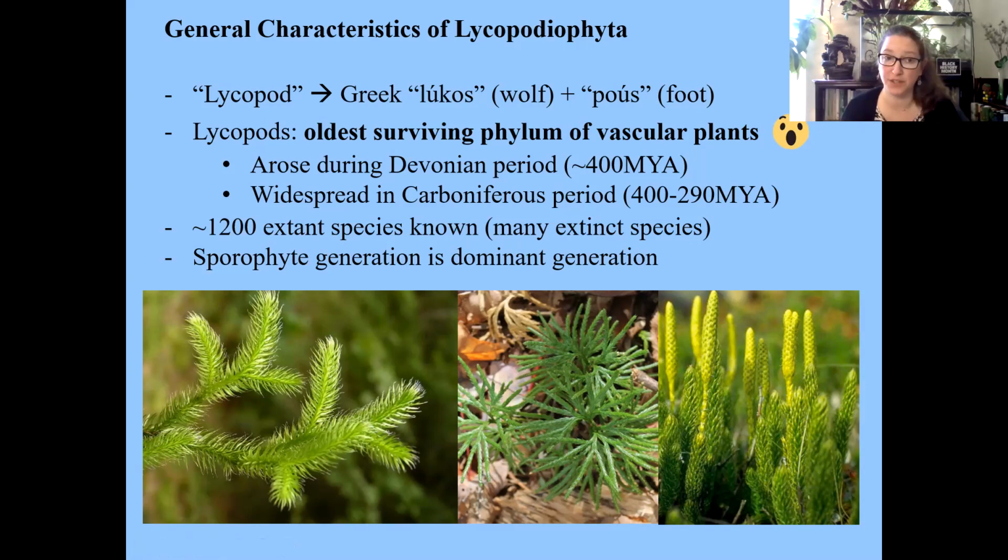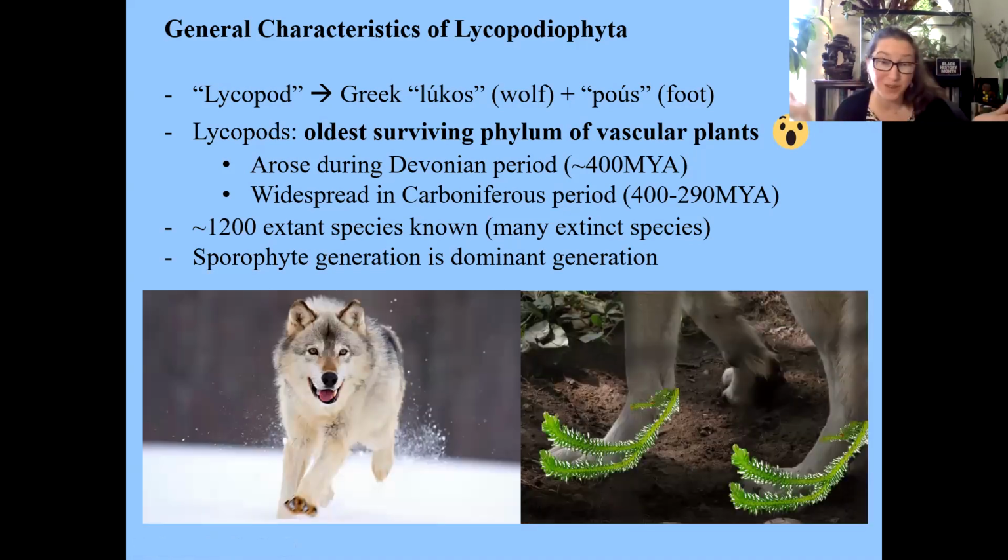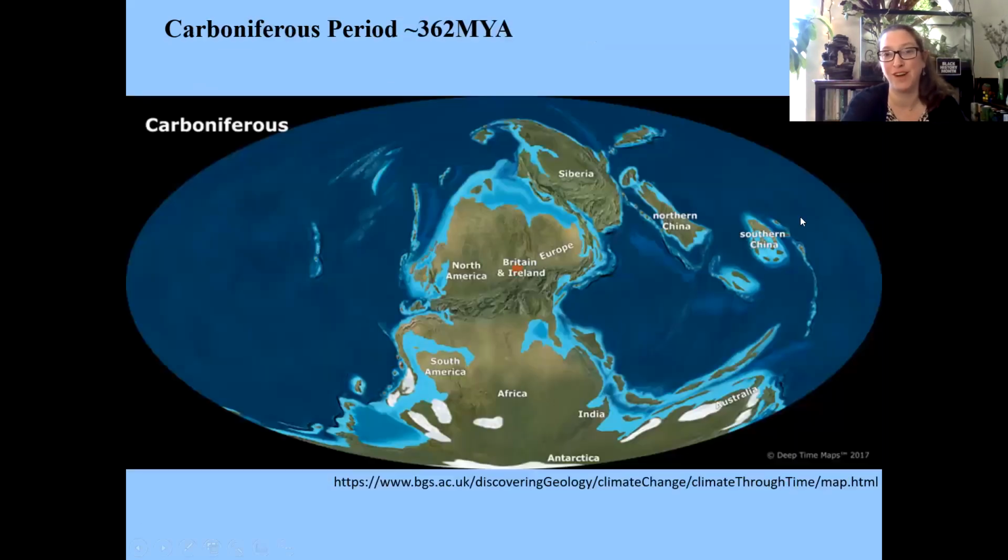And because we're in the vascular plants, we already know that the sporophyte generation is the dominant generation. So lycopods, wolf's foot. I don't know if I would have gone there. But sure. I also haven't looked at that many wolves' feet, but sure, why not?